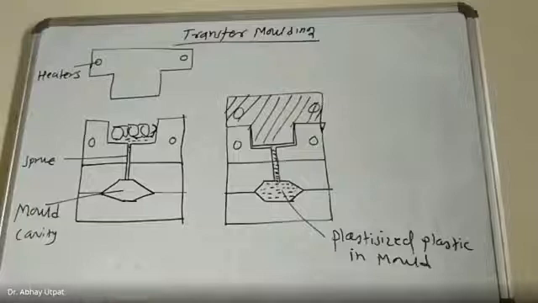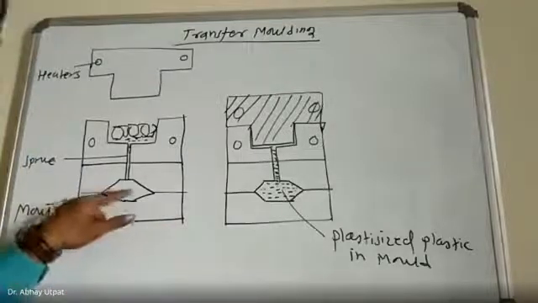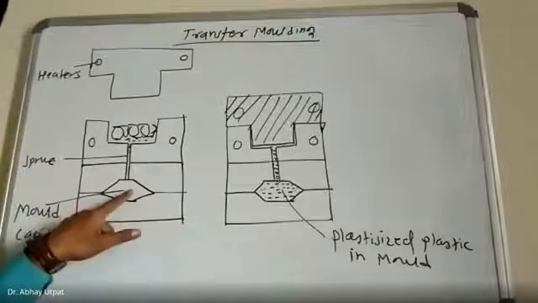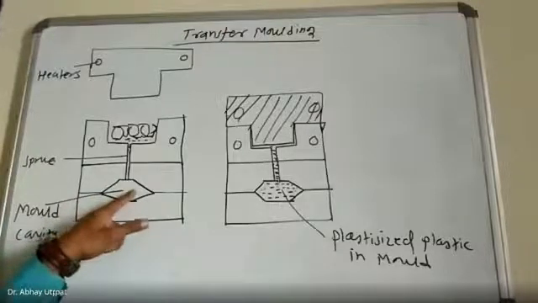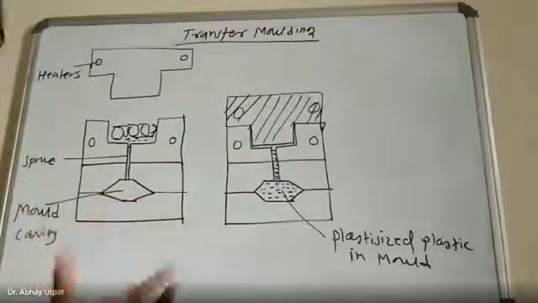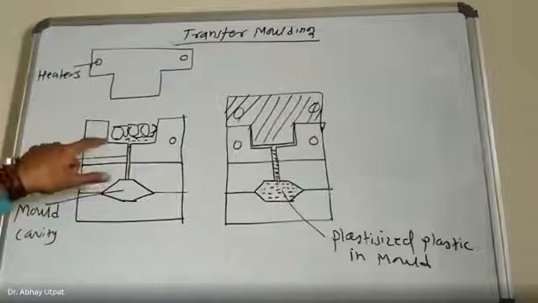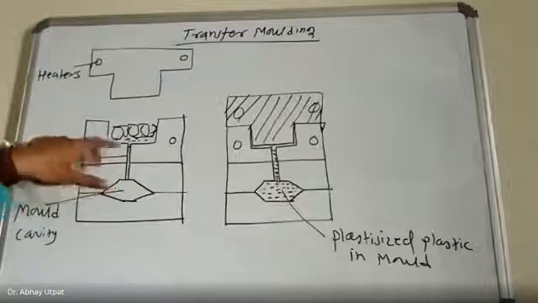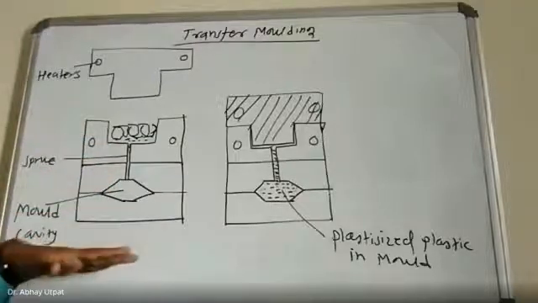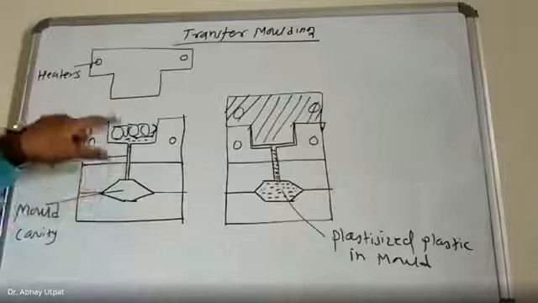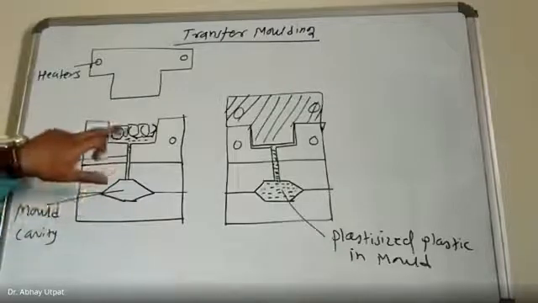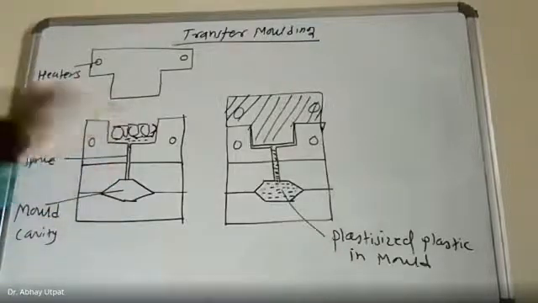I hope you are understanding. I'm going to repeat the explanation once again. So this is the cavity, your desired cavity. In this cavity, you are going to get your object. But now, one more extra cylinder is provided on the upper side of the upper jaw, and in that cylinder, the plastic to be plasticized is kept.